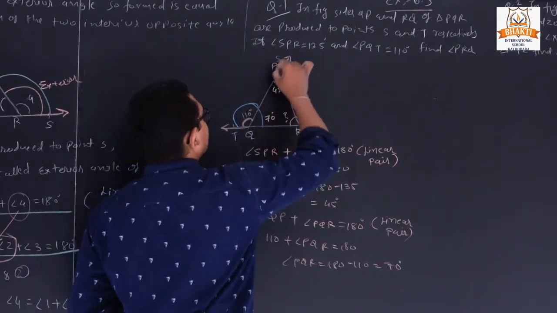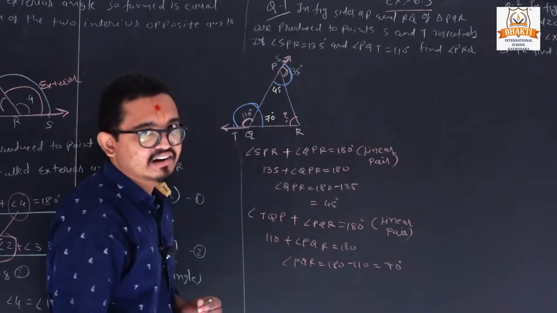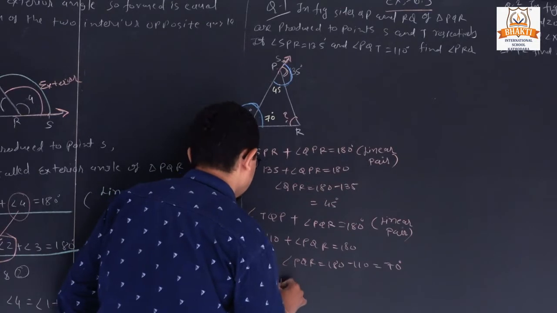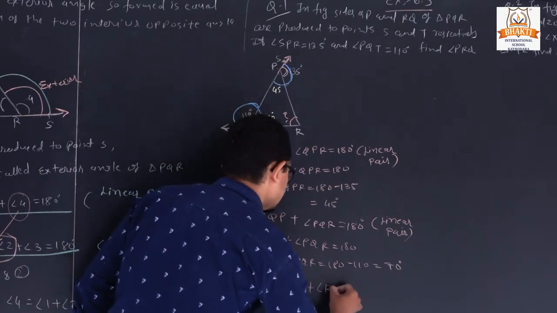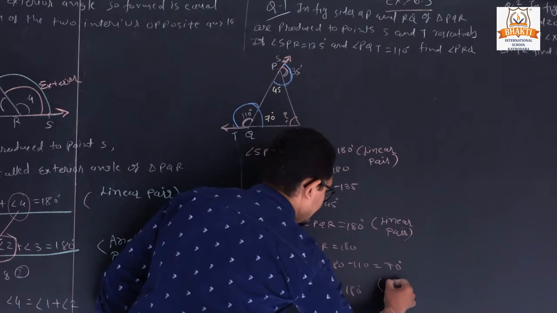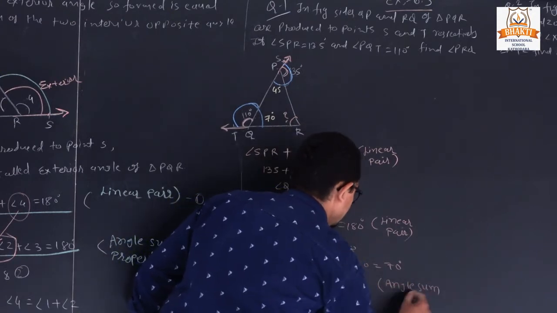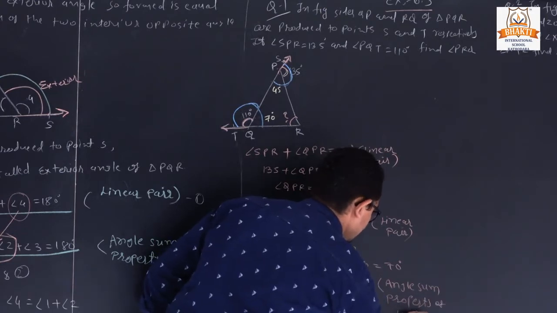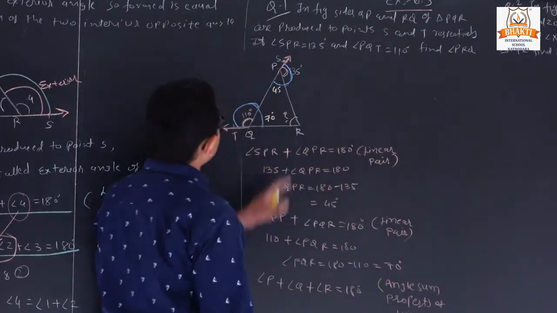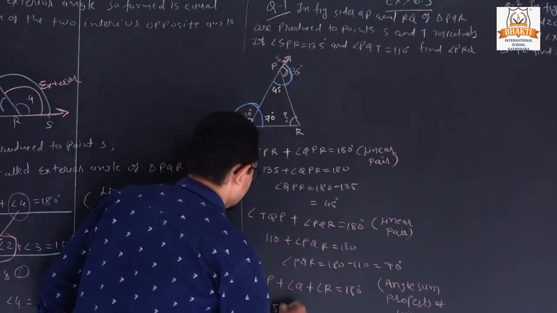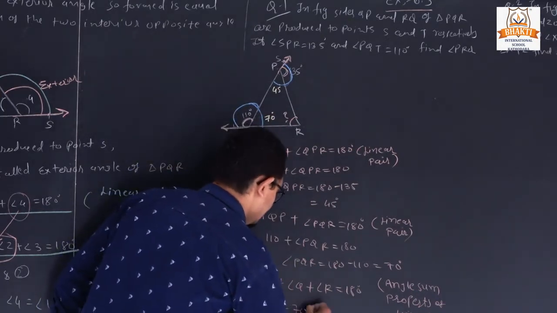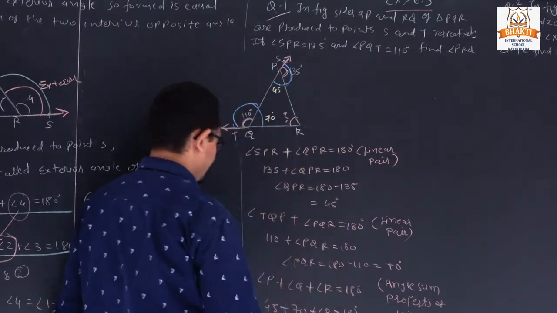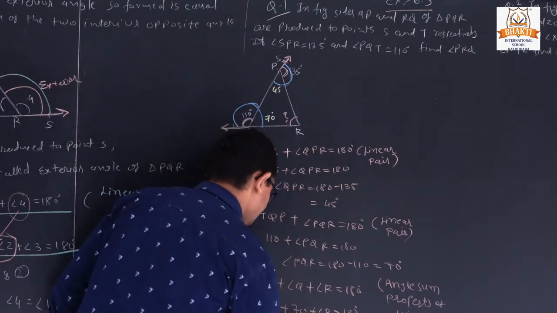Now we have two angles of our triangle, so we can find our remaining angle. So we can write angle P plus angle Q plus angle R is equal to 180. In bracket, angle sum property of triangle. So angle P is 45, angle Q is 70, and angle R we need to find. 70 plus 45, so it is 115.